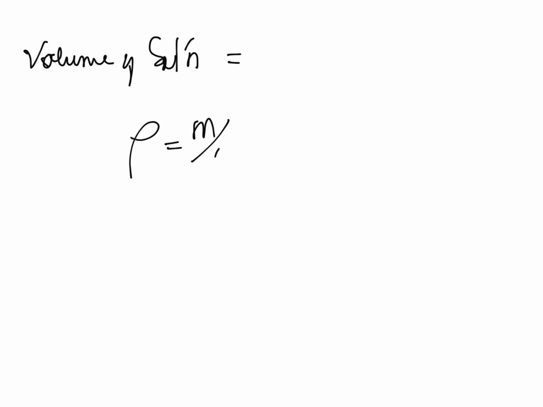So the volume of the solution, which is as we can have, density is mass over volume, right? So transfer here, so that will be mass over density is your correct formula.